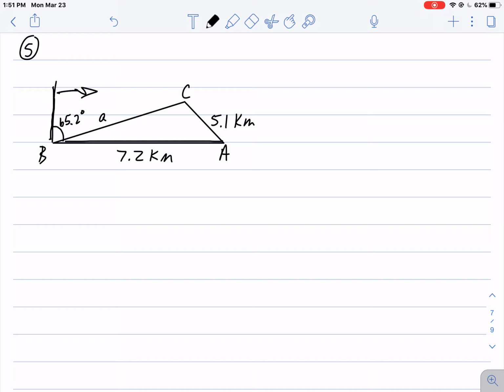And that's the line of sight from Lighthouse B to the boat, which I have marked at C. Lighthouse A, Lighthouse B, and then C is our boat. Now again, I don't know the direction that we went from Lighthouse A, so I just drew in a line that represents that 5.1 kilometer distance.